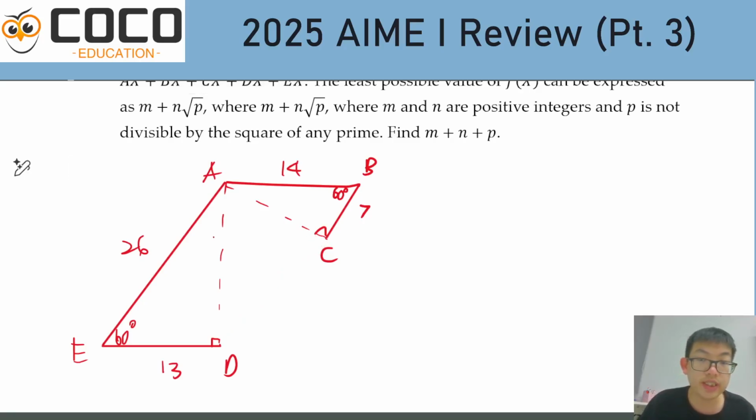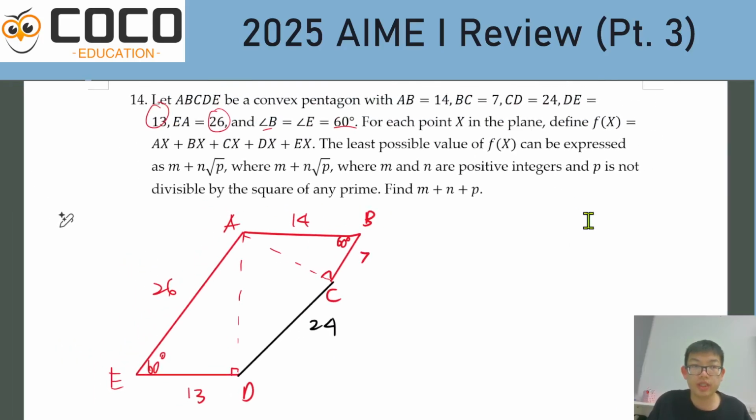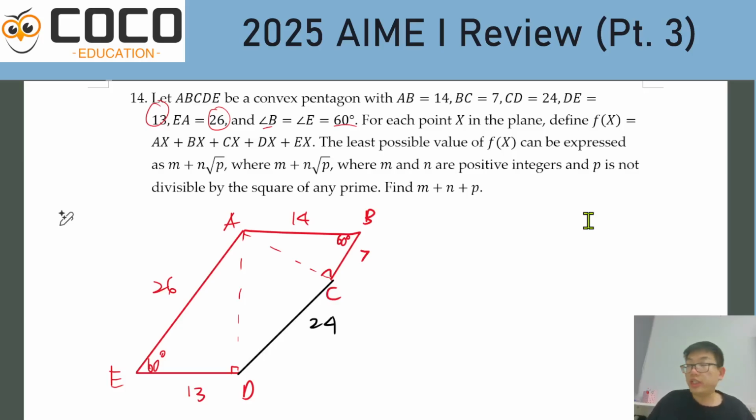But I do realize that it's essentially these two right-angled triangles, and then you pivot them until CD is exactly 24. So in a way, everything is fixed. The whole diagram is actually up to rotations and reflections of the whole thing. It's a fixed pentagon.